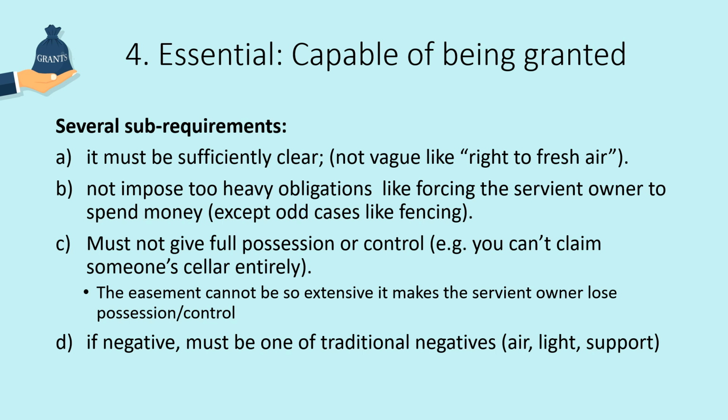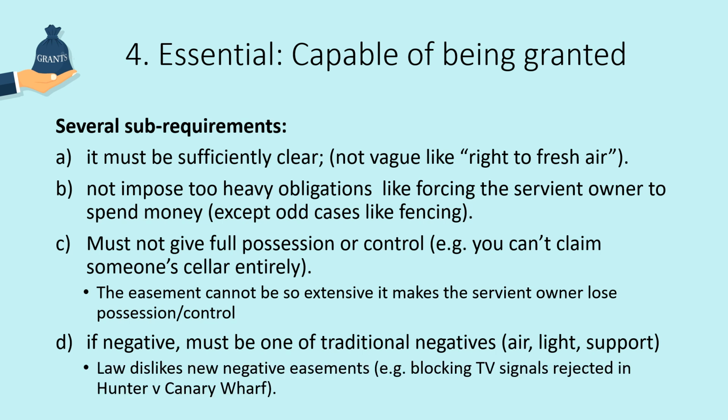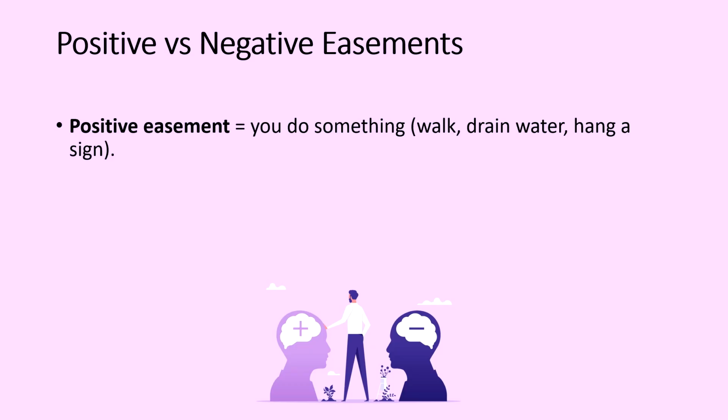And lastly, we have another slightly more tricky thing, which is that there are only certain negative easements which are recognized by the law. Now, what are positive and negative easements?